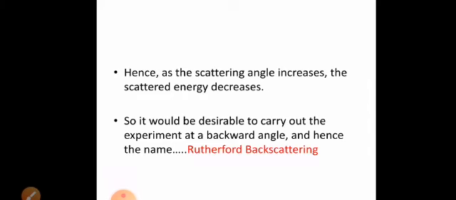If it is a very highly energetic particle, that process will be difficult and will require complex experimental setups. But if the energy of the scattered particle is low, the analysis and further calculations will be much easier. So it would be desirable to carry out the experiment at a backward angle, and hence the name Rutherford backscattering.